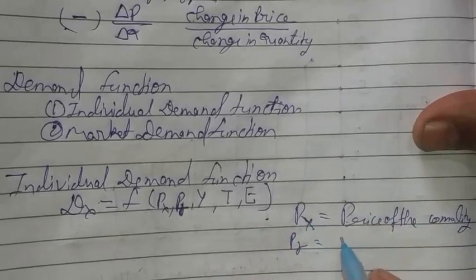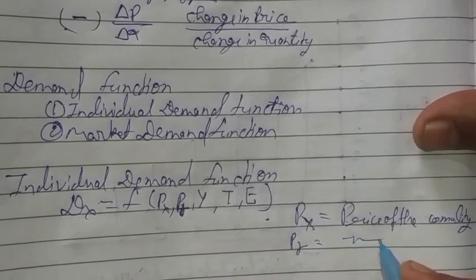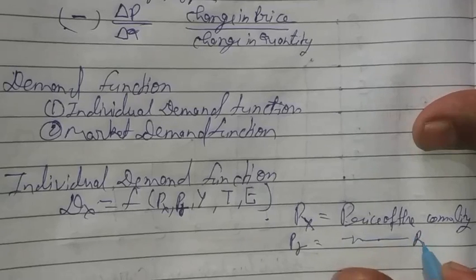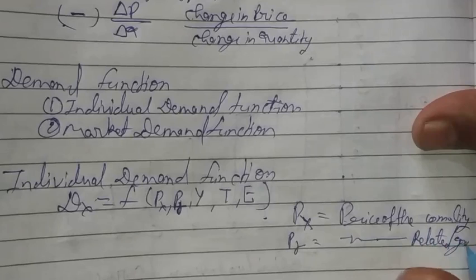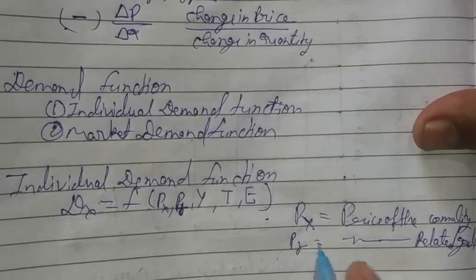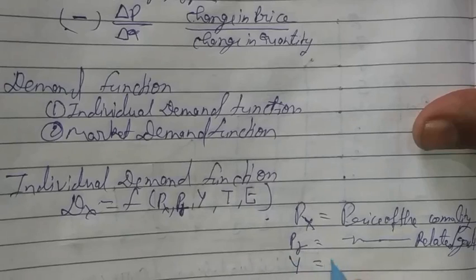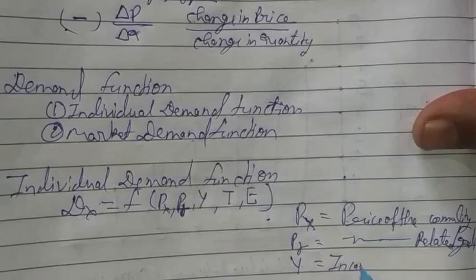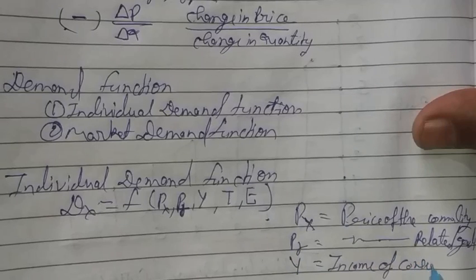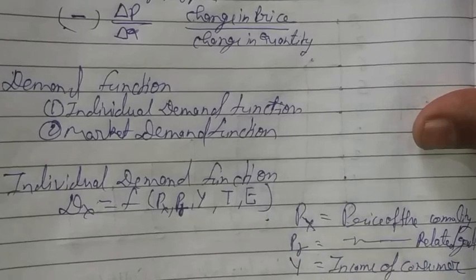PR is the price of related goods. Y is yield, which means income of the consumer.